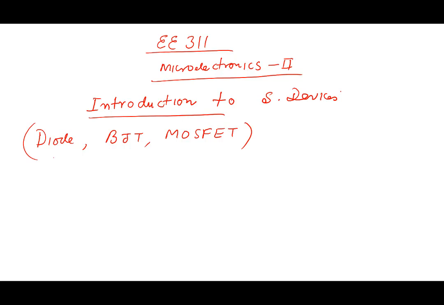Diode, BJT, and MOSFET. There are many other devices, but these are the three. To some extent, you already know how these devices work. You know what a diode is, what a BJT is, what a MOSFET is. So what are you looking for from this particular course? Diode, BJT, MOSFET, all of these things.